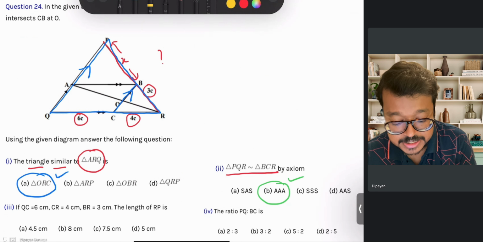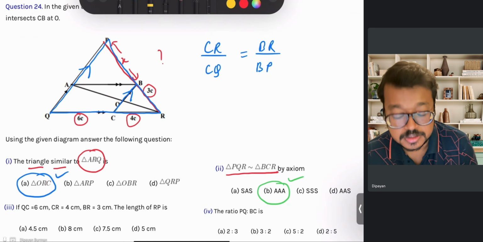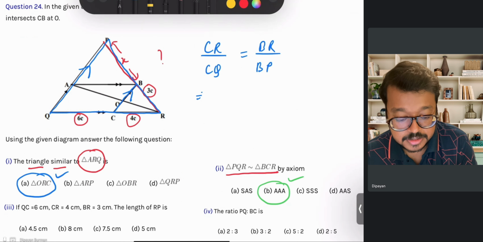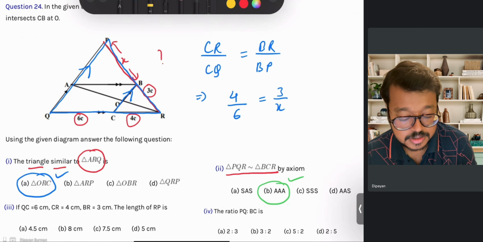So I can say that CR by CQ will be equal to BR by BP. And if I plug in the values, 4 by 6 should be equal to 3 by x.